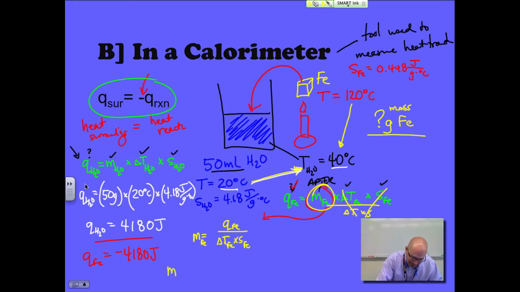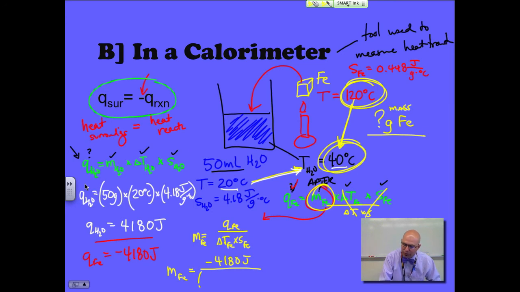So the mass of the iron is going to be negative 4180 joules over the change in temperature. Notice that it went from 120 to 40. So that's a negative 80 degree temperature change. Specific heat of iron, 0.448. I'm running out of room here.